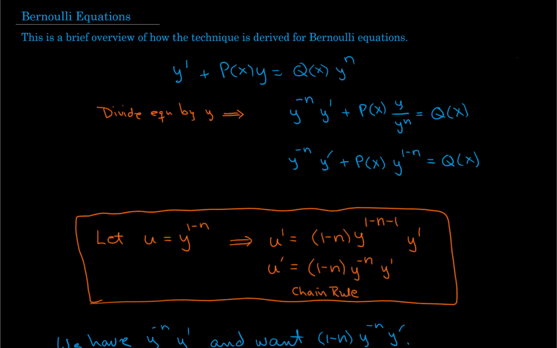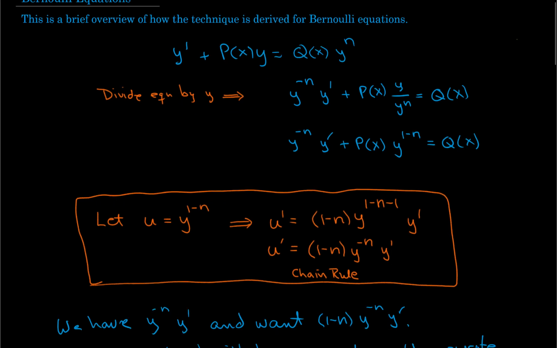This is a chain rule. Combining like terms in the exponent, we're going to wind up with 1 minus n minus 1. Well, the 1 minus 1 cancels, and you wind up with u prime equals 1 minus n times y to the negative n times y prime.